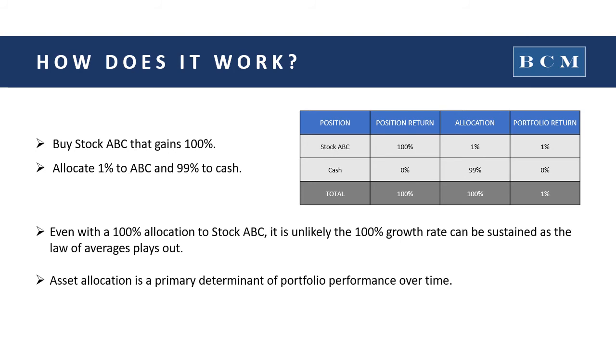So over time, my picks matter less and less. Meanwhile, my allocation matters more and more. In the end, it is the decision to allocate to stocks and how much to allocate that has the biggest impact on portfolio performance. It is why asset allocation is the most important decision.